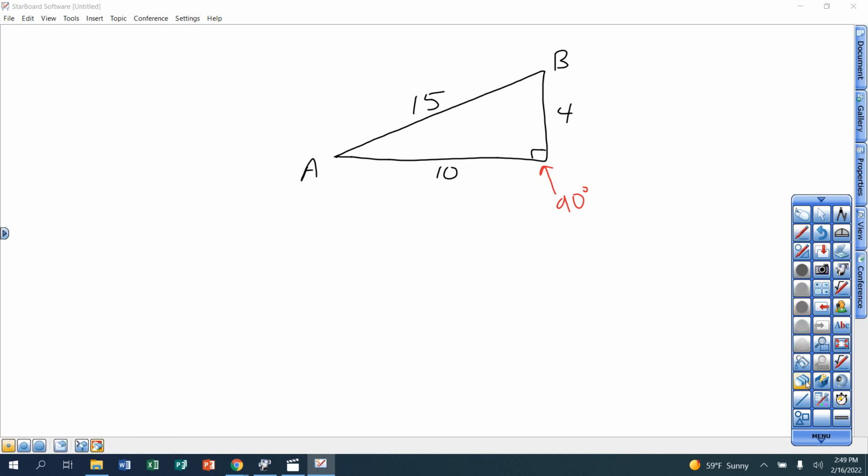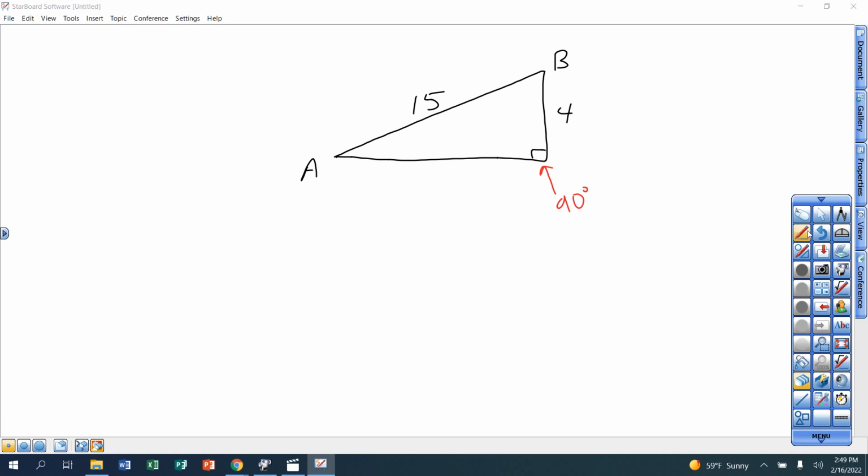let's erase it. So if I'm trying to find angle A, and I only have these pieces right here of this triangle, it forces you to know which trig formula you've got to use. So from angle A, what pieces am I giving you here?